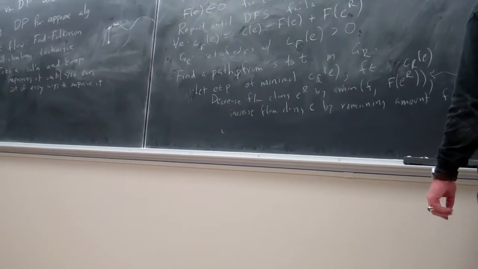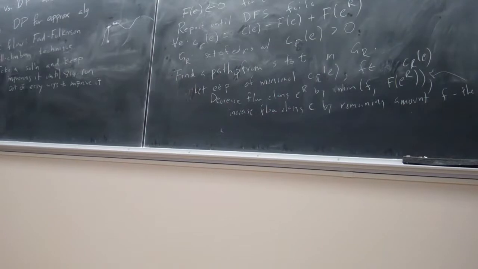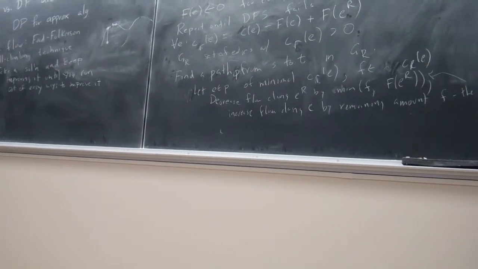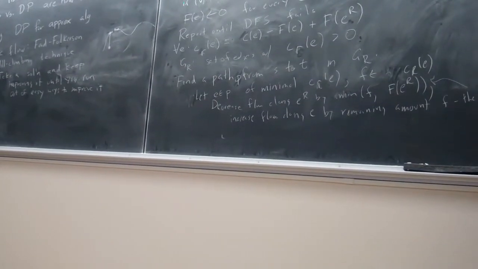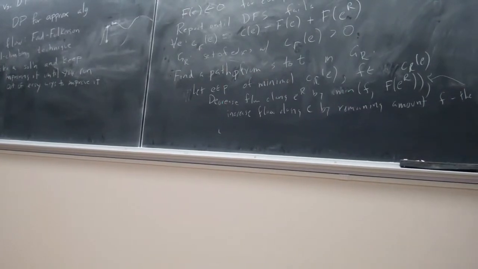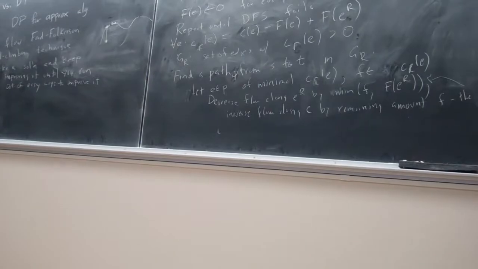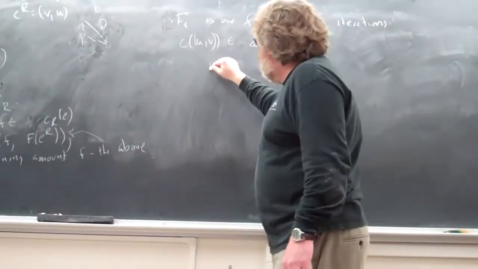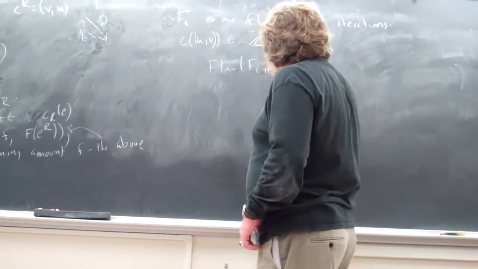Say that f_t is our flow after t iterations, and say that all the capacities are integers to start with. Then what can we say about the flow after one more iteration?